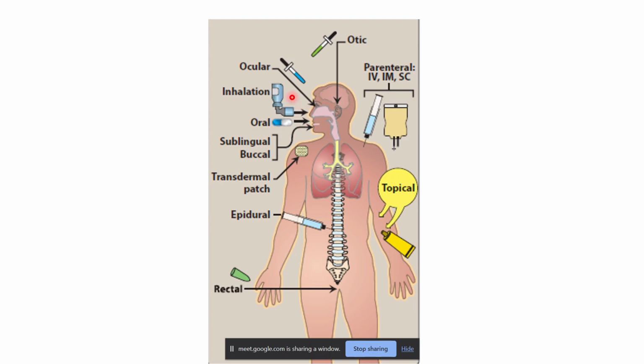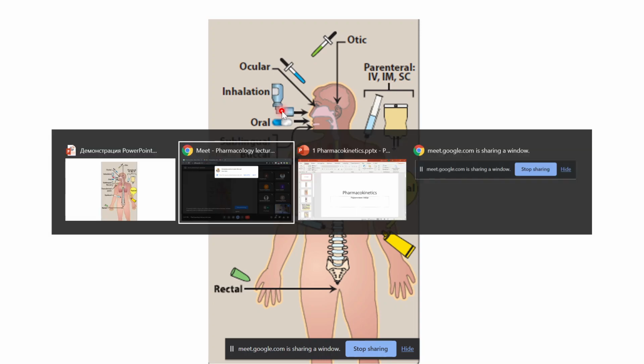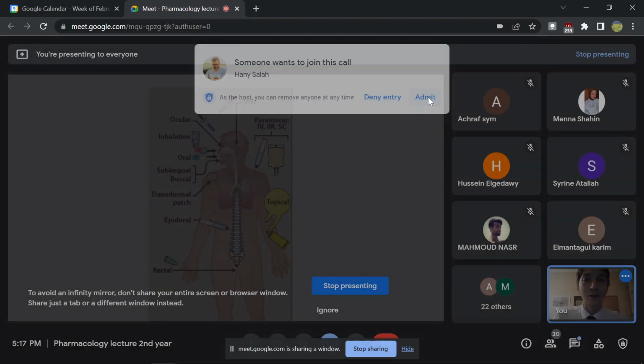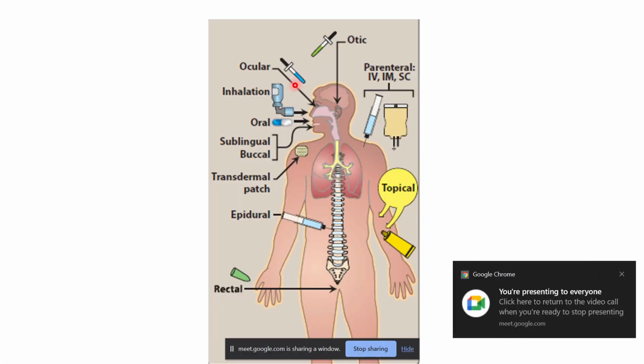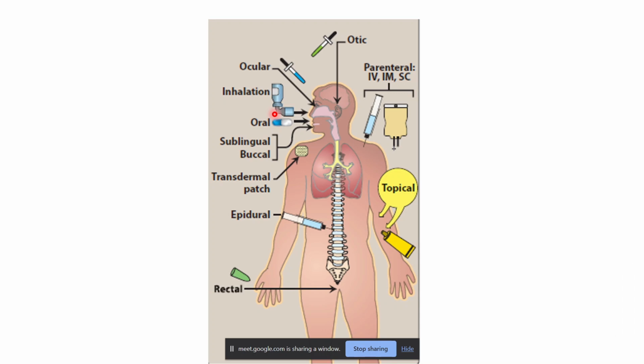So in case a high concentration is required in the eye, for example antibiotics for the treatment of eye infections, the ocular way is used as a topical way.